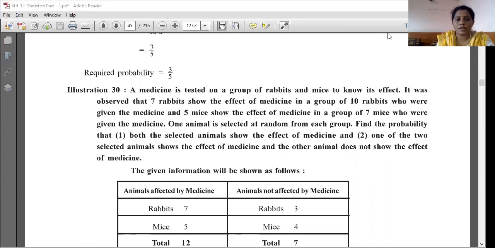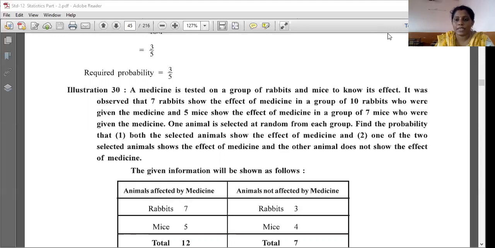It was observed that 7 rabbits show the effect of medicine in a group of 10 rabbits who were given the medicine. Right. Out of 10 rabbits, 7 rabbits show the effect of medicine. Okay. And 5 mice show the effect of medicine in a group of 7 mice.